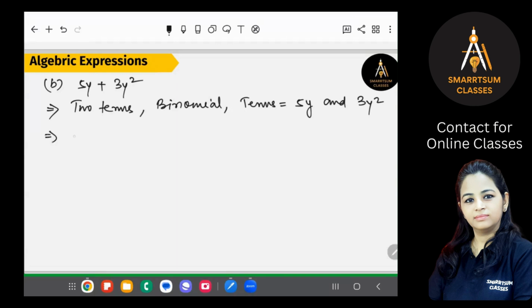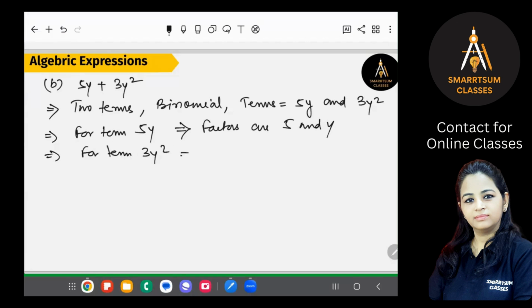Now, for the term 5y, what are the factors? Factors are 5 and y. Now for the term 3y square, what are the factors?